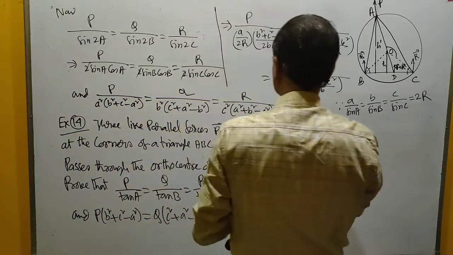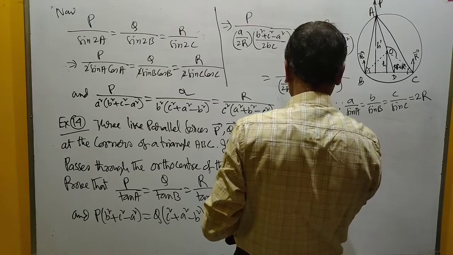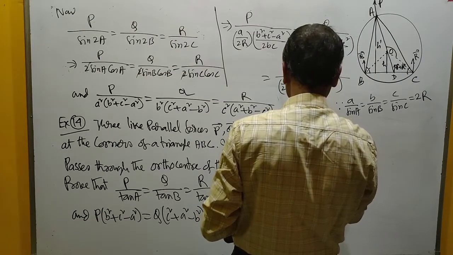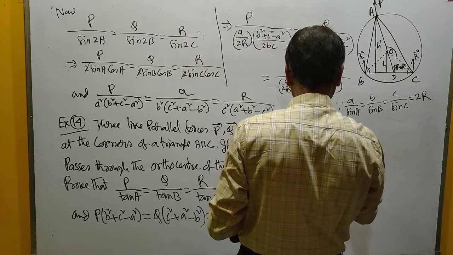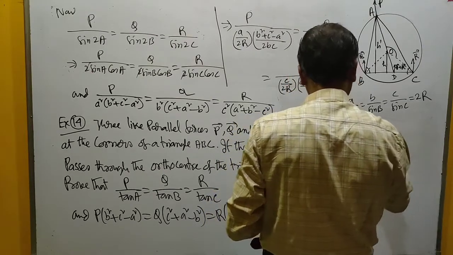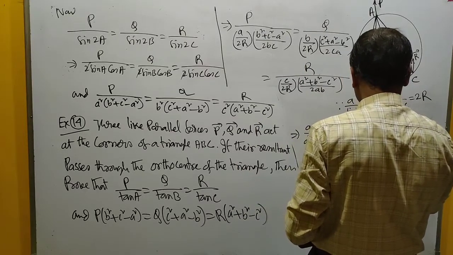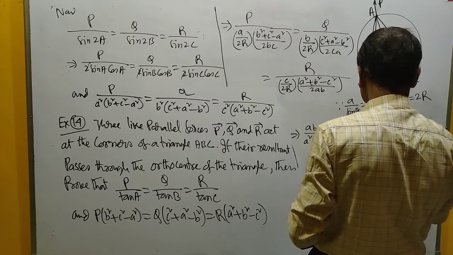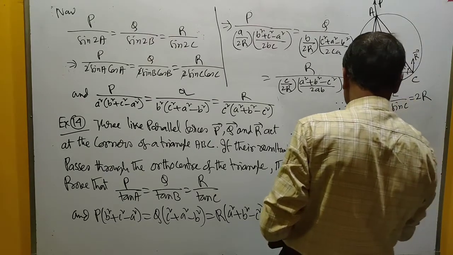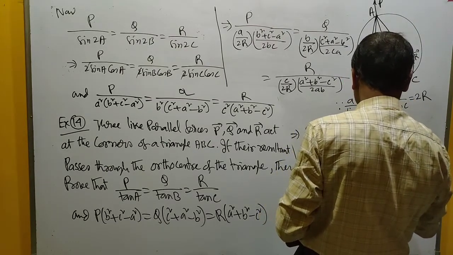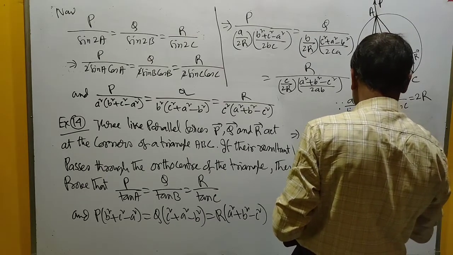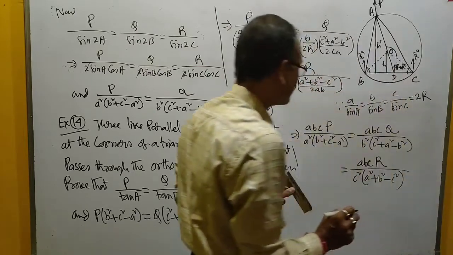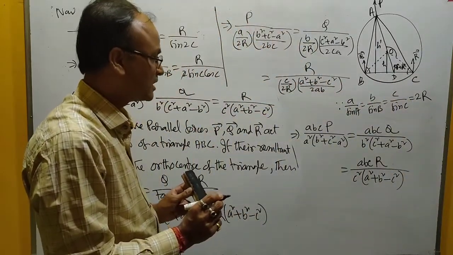So abc p divided by a square, b square plus c square minus a square, equal to abc q divided by b square, c square plus a square minus b square, equal to abc r divided by c square, a square plus b square minus c square.